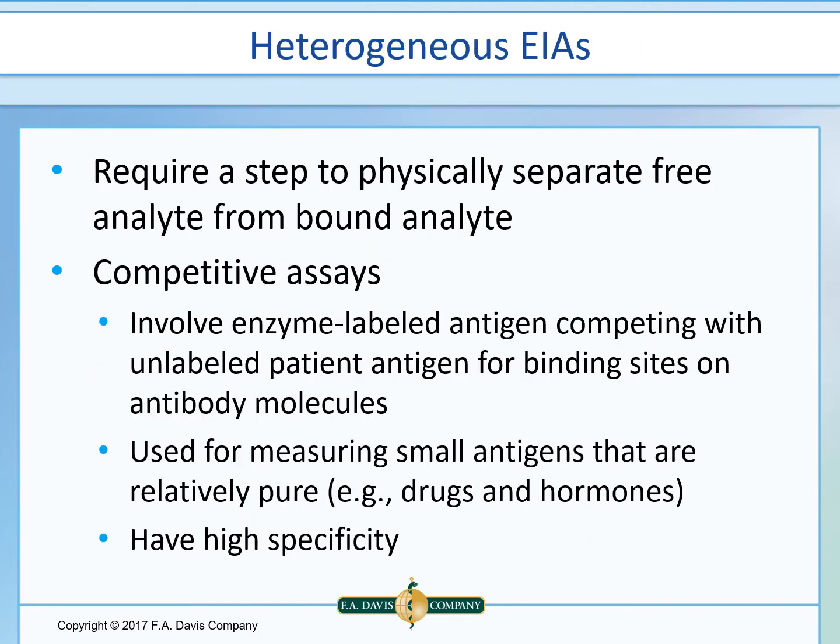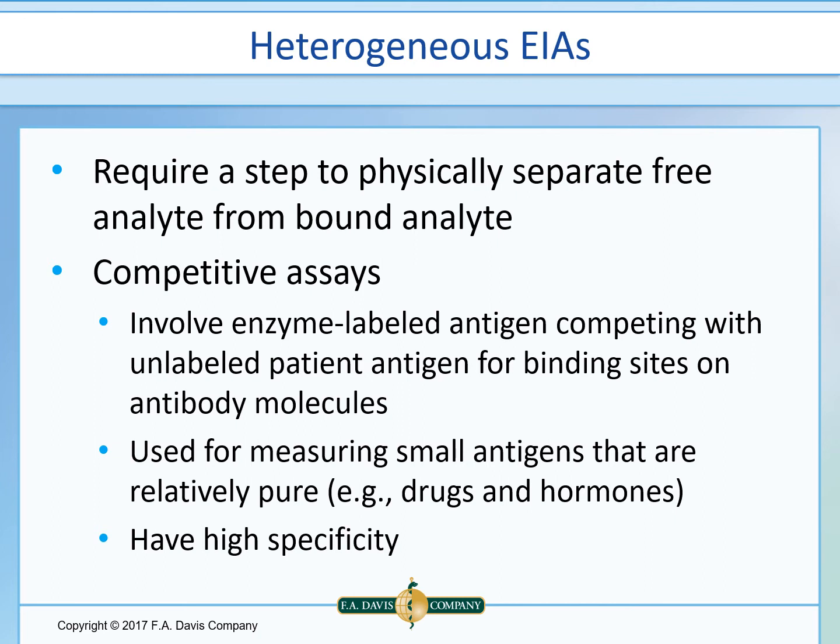Enzyme immunoassay methods are classified as either heterogeneous or homogeneous on the basis of whether a separation step is needed. The first enzyme immunoassays used were competitive assays, and these were based on similar principles of the radioimmunoassay.